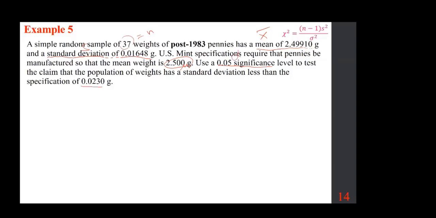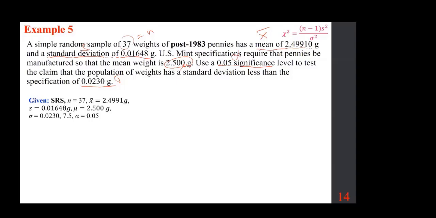Finally, I see this number. What is that? We are testing the claim that the population of weights has a standard deviation less than this, so this must be sigma. It's a simple random sample, short SRS, n is 37, X bar is 2.4991 grams, s is 0.01648 grams, because it pertains to those 37 samples.